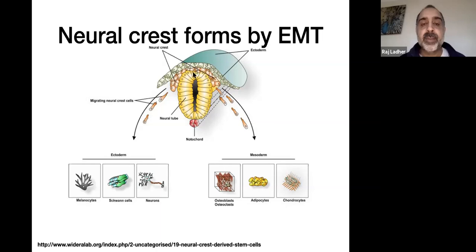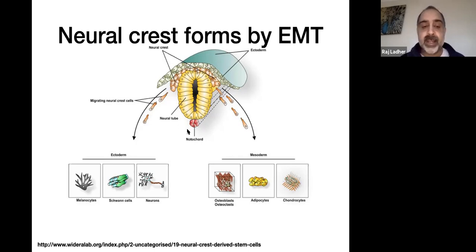And so the neural crest is born within the neural tube in this border region, and it has the unique property of being able to switch its cell phenotype from this epithelial cell. Epithelial cells, remember, have junctions. They attach to the basal lamina, and to a mesenchymal cell type, which doesn't have junctions, which is free from the basal lamina, which is able to migrate.